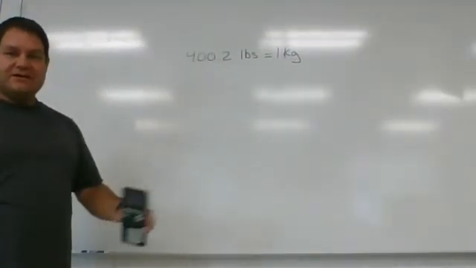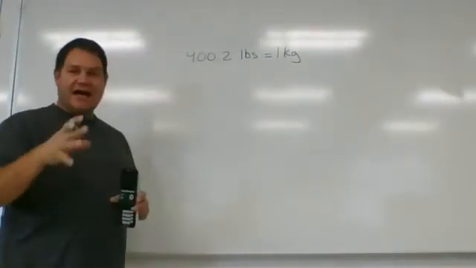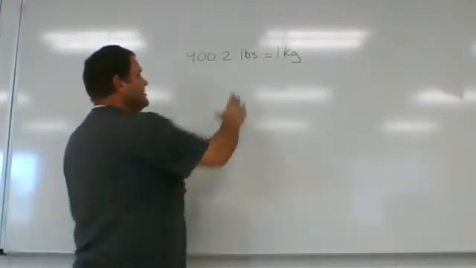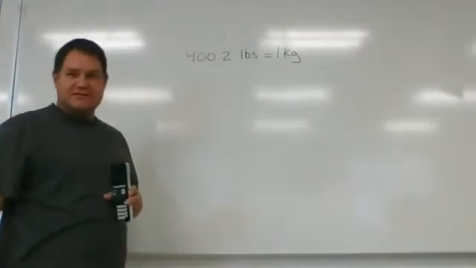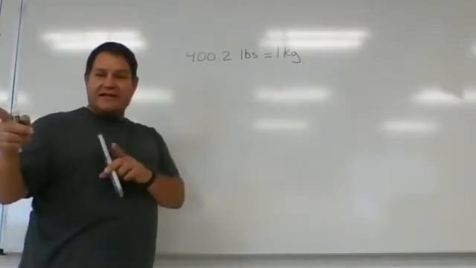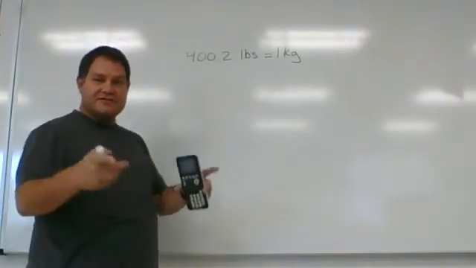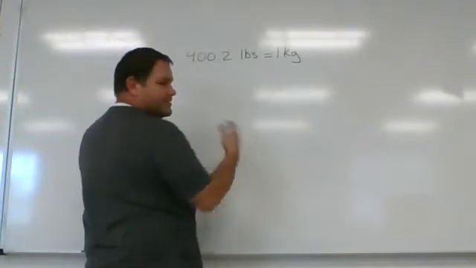Okay. Now again, in order to solve this problem, I need to have a unit relationship between pounds and kilograms. Okay. Well, it so happens that on your study guide, this conversion factor is there. Okay. Or you can always look it up, Google it or something.